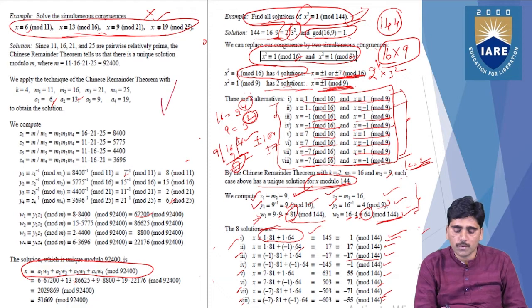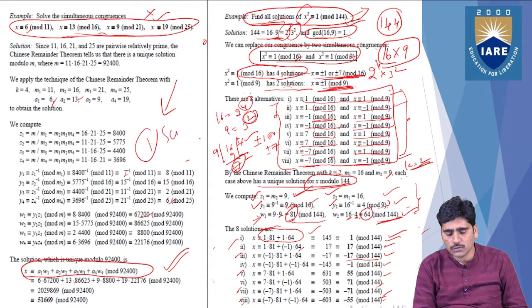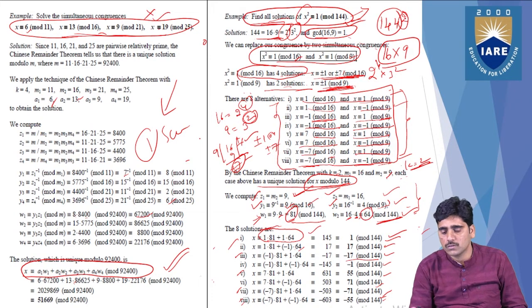So this is one type of problem. They will give simultaneous congruences, and with the help of those you need to obtain a unique solution. This is one scenario, and the other scenario is they will give the solution, and with that you can find different simultaneous congruences.